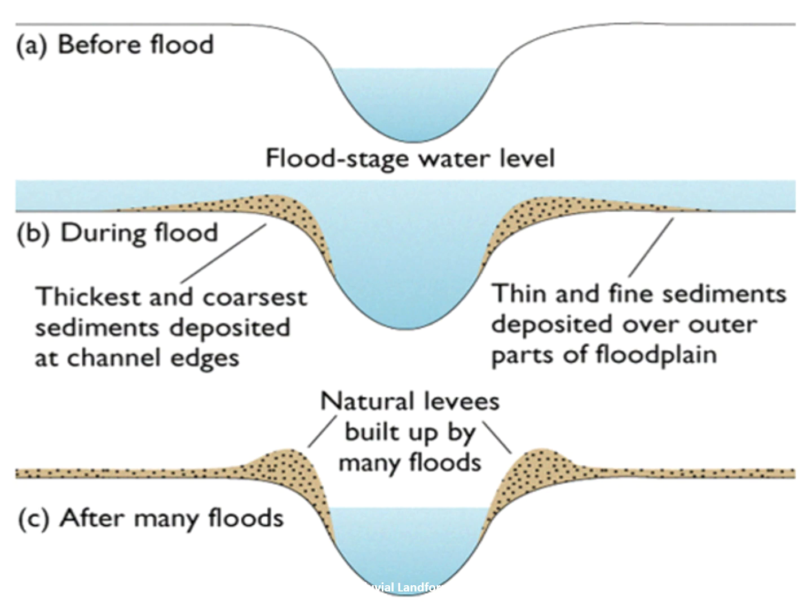Observe how the thicker and the coarser sediment gets deposited near the edges. Because they are relatively heavier and thicker, they cannot be transported far away, and therefore they are quickly deposited along the river bank, while the finer sediments are carried further away. That makes the floodplains.